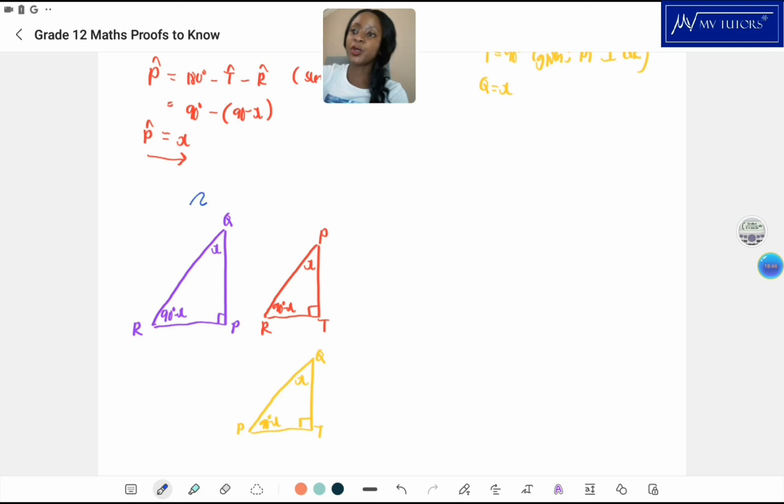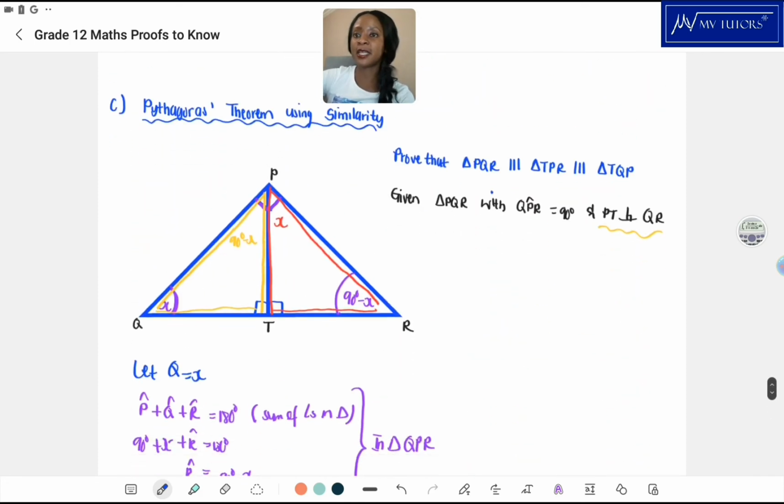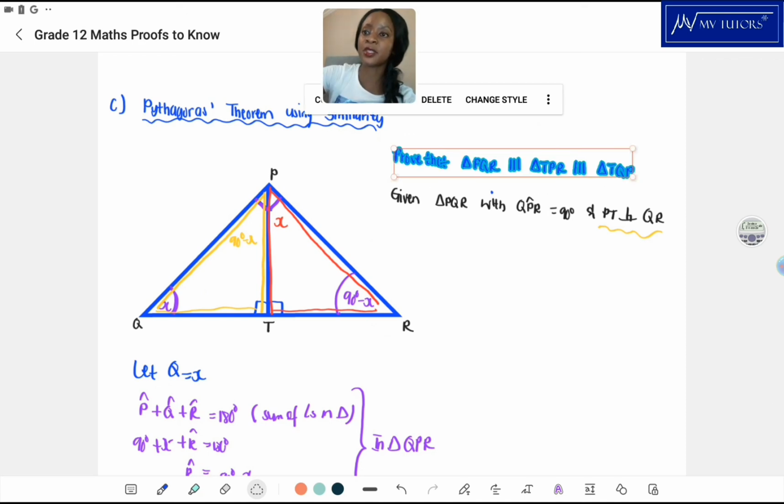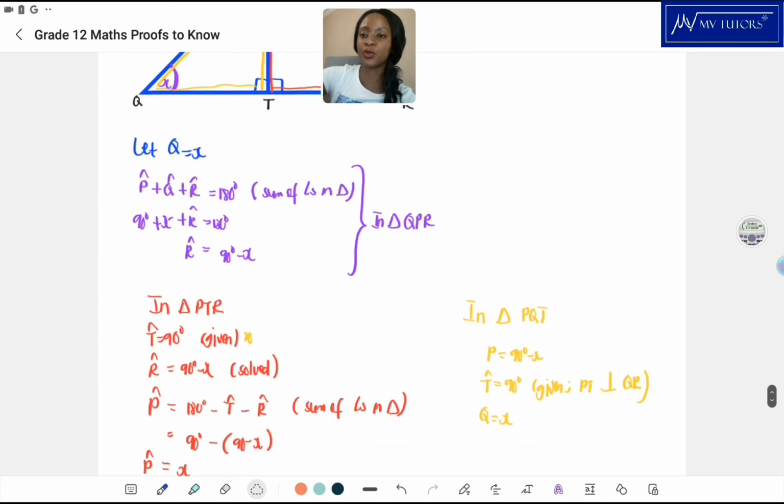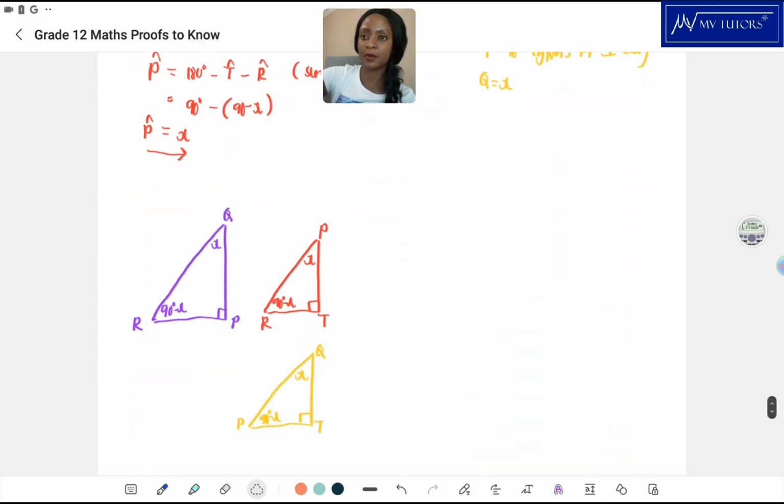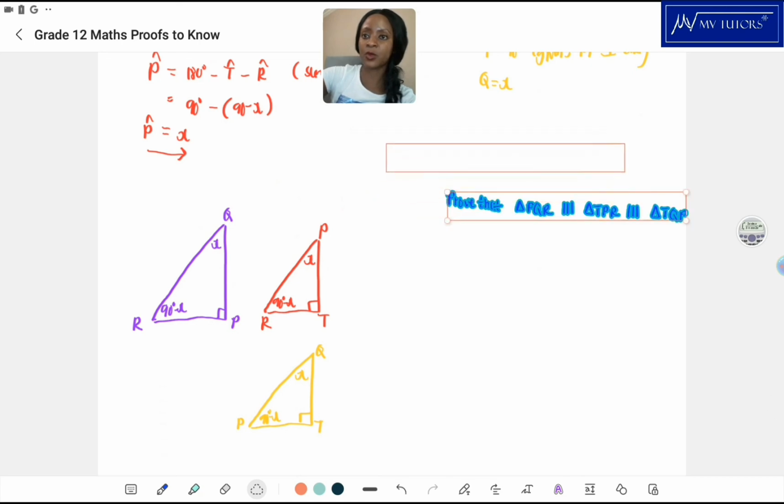I drew it this way to make it easier for myself so that I can show similarity. Let's just get what we need to prove, because we also need to be aware at all times what it is that we are trying to prove here. This is what we're trying to prove.